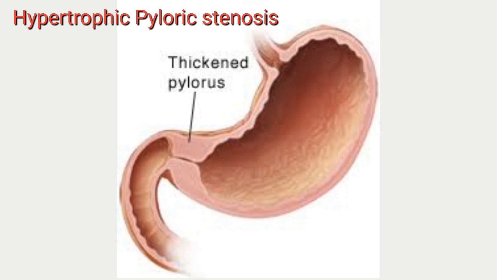In this condition, the infant suffers from progressive vomiting within 2 weeks to 2 months of postnatal life. In such conditions, surgical division of the hypertrophied muscle may be necessary, and such operation is known as Ramstedt's operation.